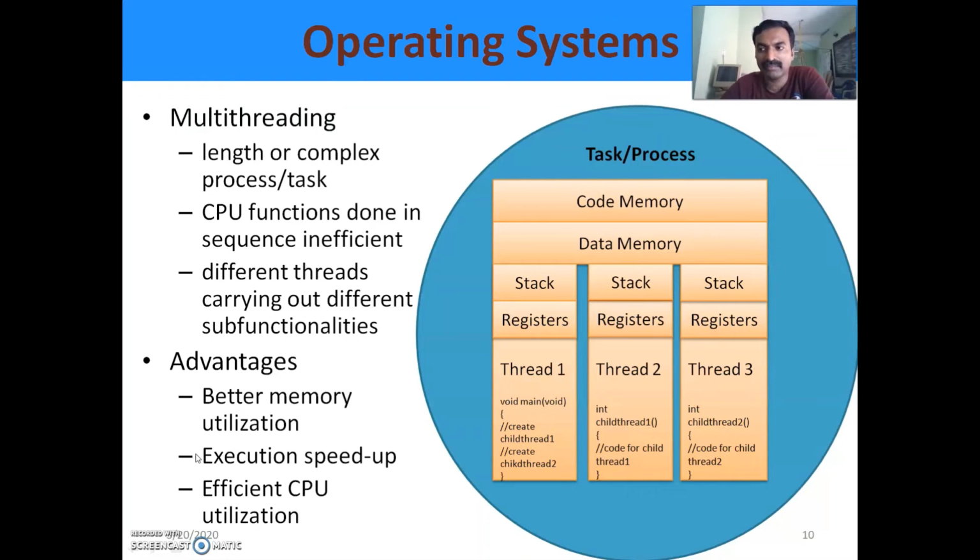At that time, thread 2 or thread 3, another thread, can take up and use the CPU. So there is efficient CPU utilization. The CPU will be continuously occupied by one of the threads, and it will improve the speed of execution.